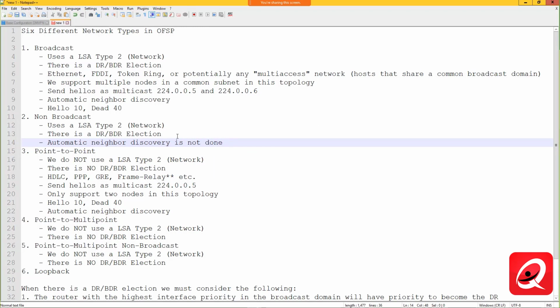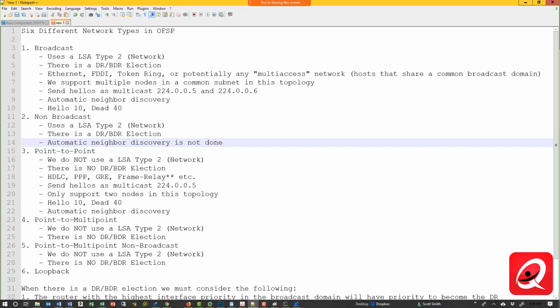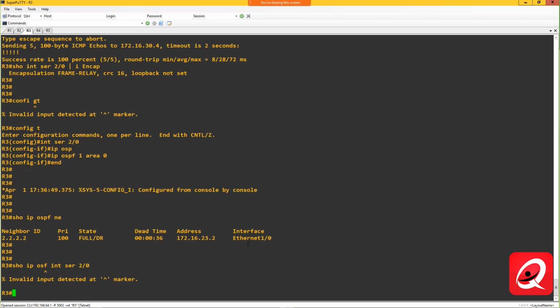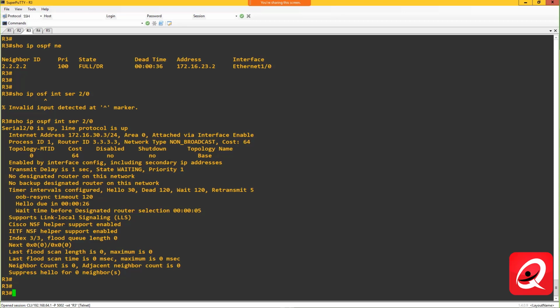Non-broadcast means no multicast, which means that the router, in fact, if I go into my router here and do a show ip ospf interface serial 20, you can see that it has automatically identified, based on the encapsulation on the interface, that frame relay is a non-broadcast network.